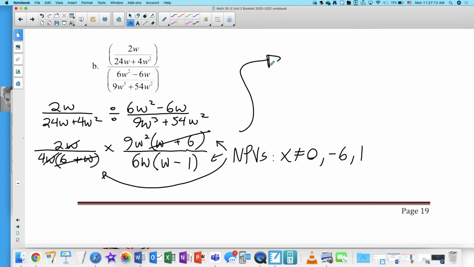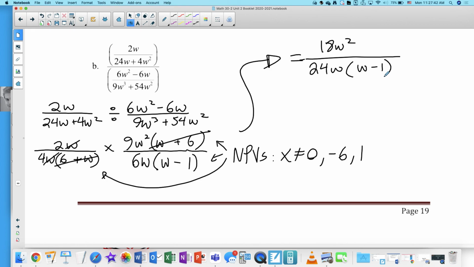So I'm going to regroup. If I look at what's left in my numerator, I've got 2 times 9w squared. So maybe I'll make that 18w squared. And that's it. Over in my denominator, I've got 4 times 6w. So that's 24w times w minus 1.